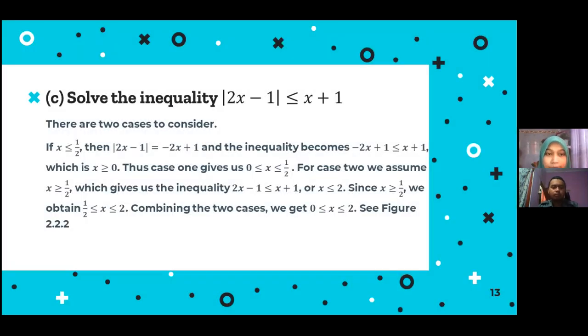Next example, solve the inequality of the absolute value of 2x minus 1 less than or equal to x plus 1. There are two cases to consider.